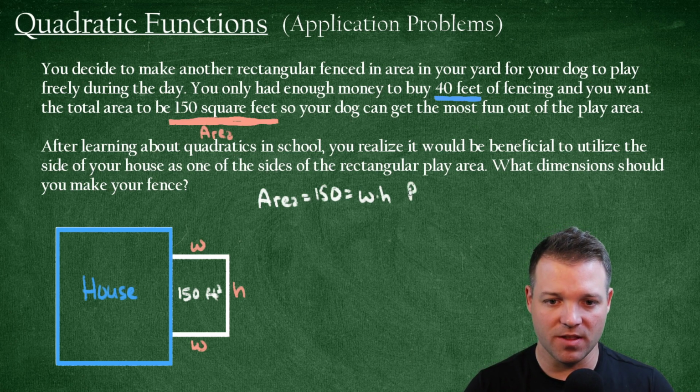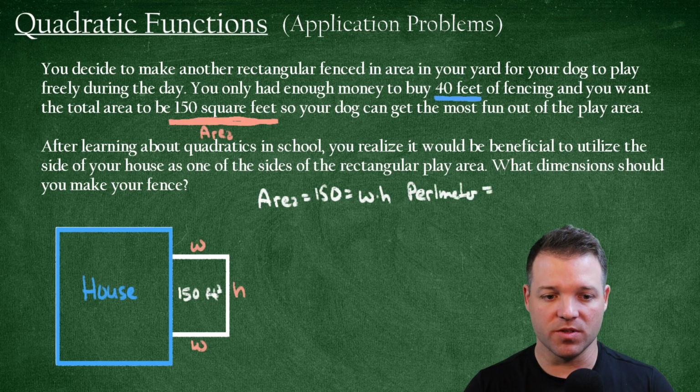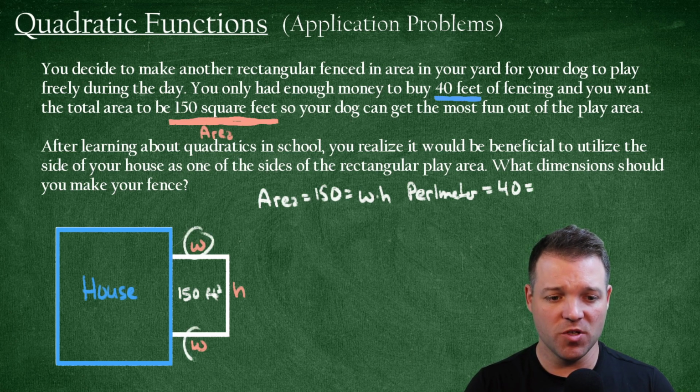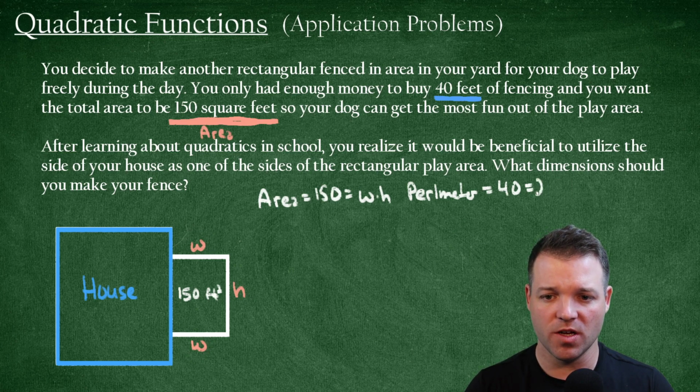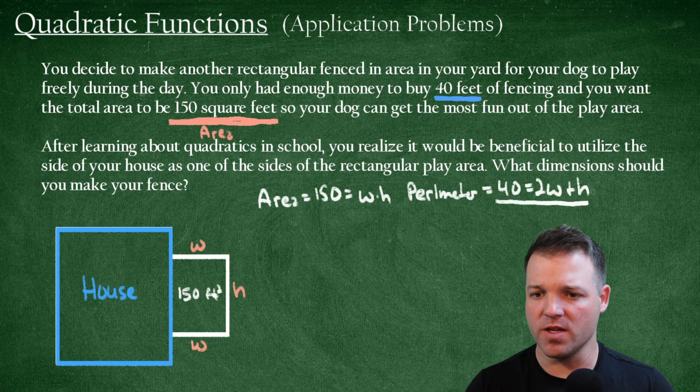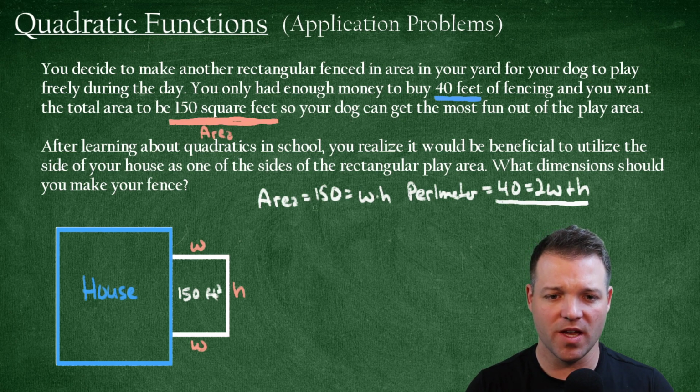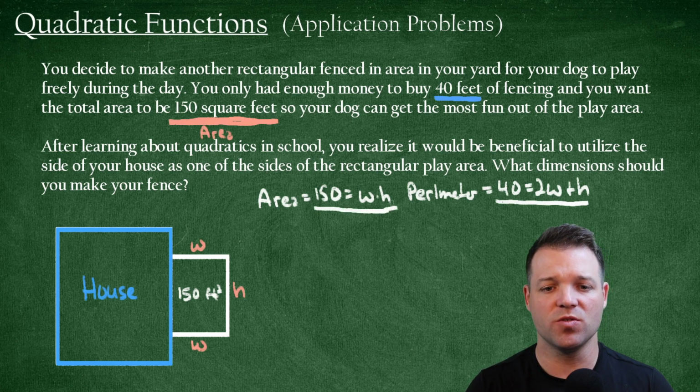So the perimeter is equal to, not 150, 40 feet, which is, by the way, equal to W plus W plus H. Let's write that down: 2 W's plus H. So really important here: I have 40 is equal to 2W plus H, but I also have 150 is equal to width times height.